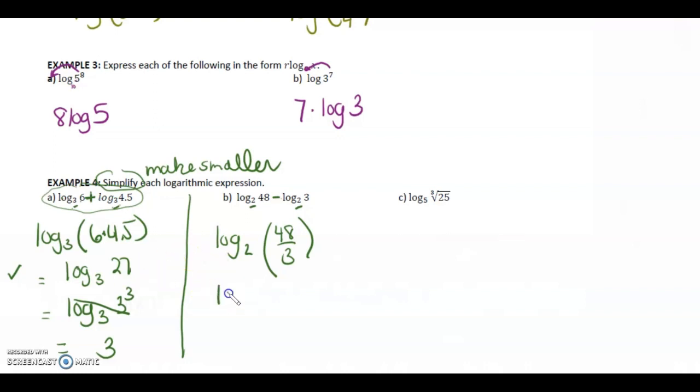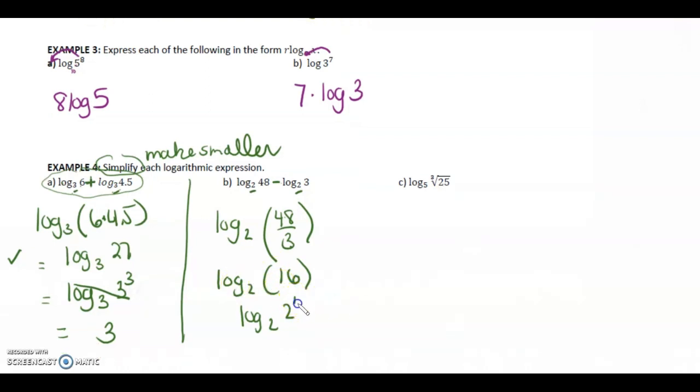Now, from the last lesson, 48 divided by 3 is 16. So what we can do is change the 16 to 2 to the 4. And then we know that this cancels to 1, and we get this equals 4. Let's write that all the way down.